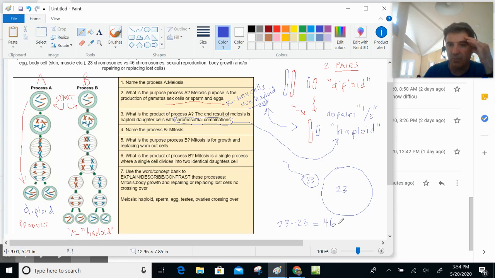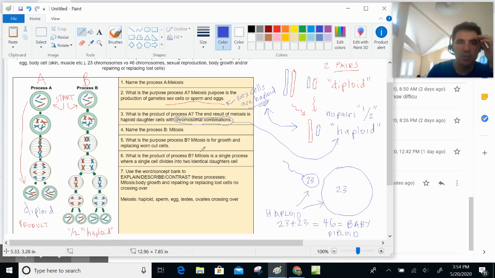And so the baby is diploid. The only cells that are haploid are sex cells: sperm, egg, pollen, etc.